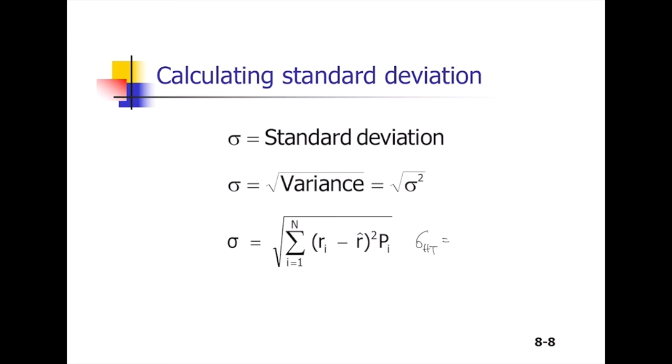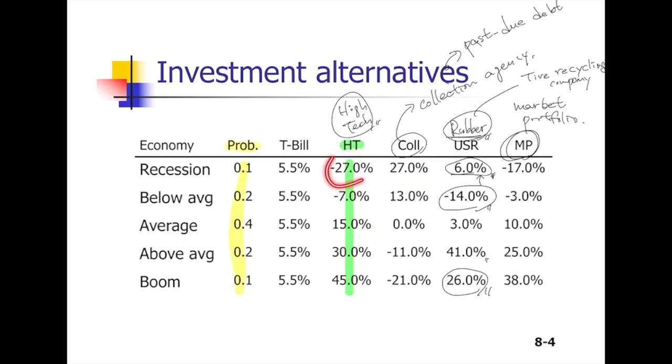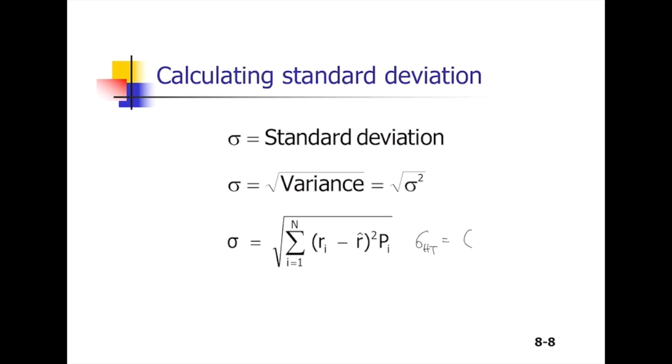So firstly, we input the case when the market is in recession. What is the number? In the market recession, the expected return is here, right? Yeah, when the market is bad, the high-tech company has this amount of expected return. So I can write it down as minus 0.27, and subtract what? R hat.